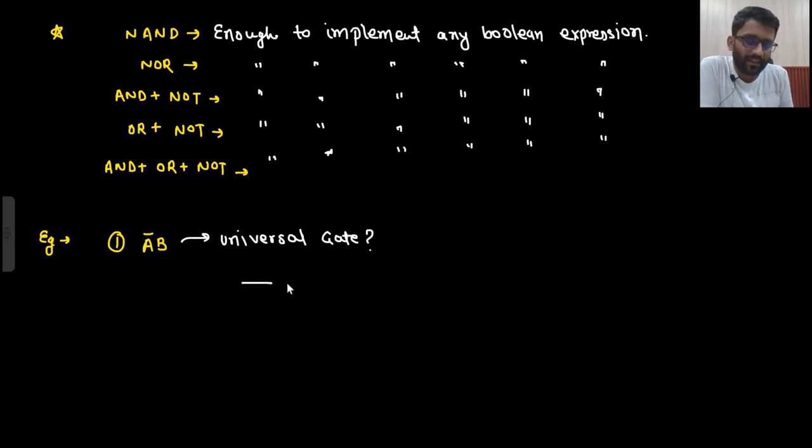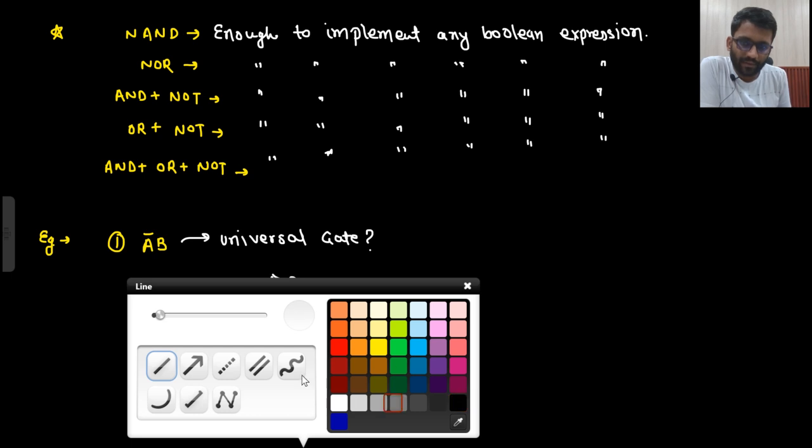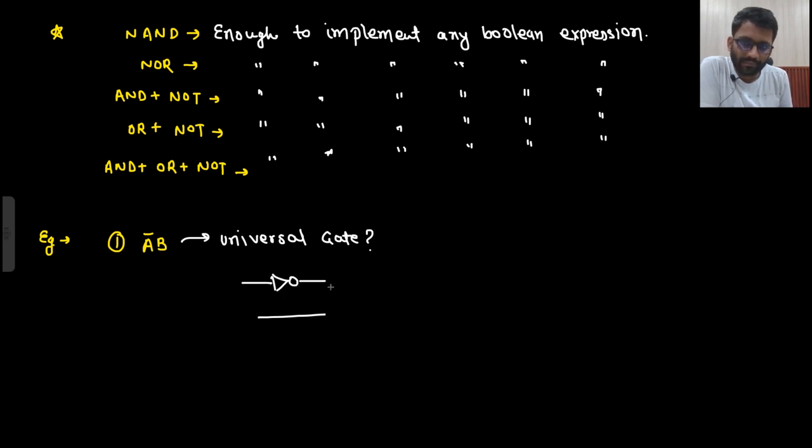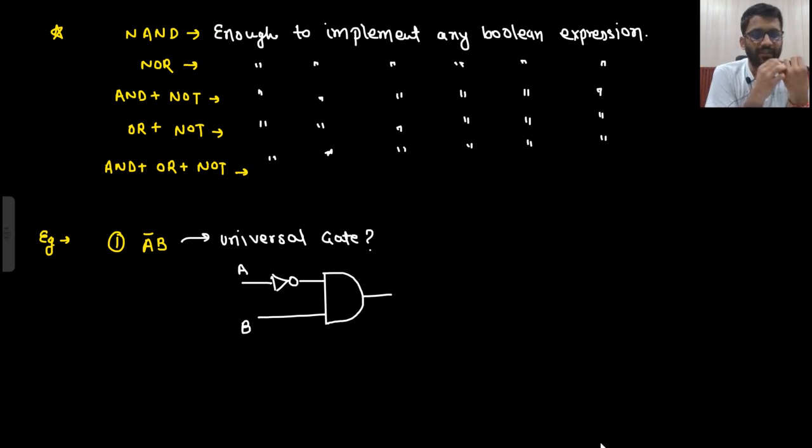That means this is the gate, right? Can it implement any boolean expression? That we need to know. Now what will be my target?